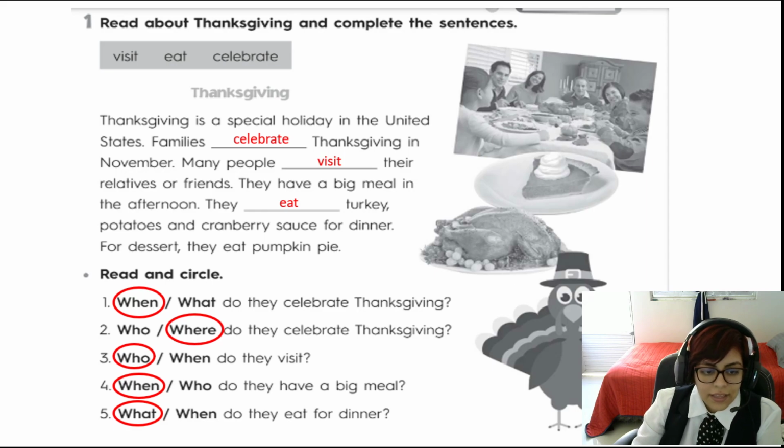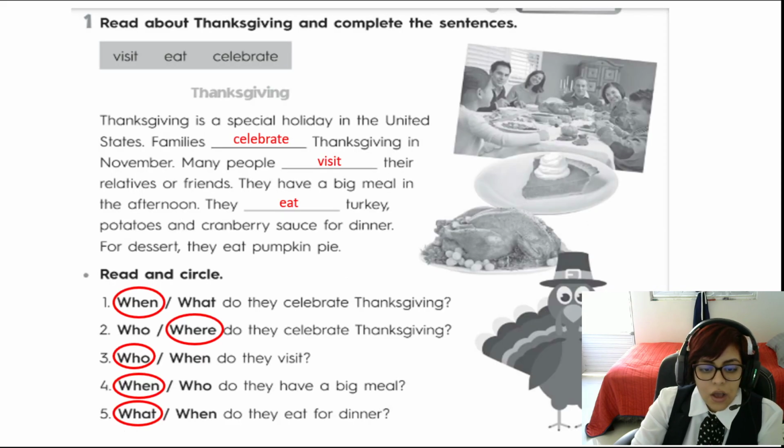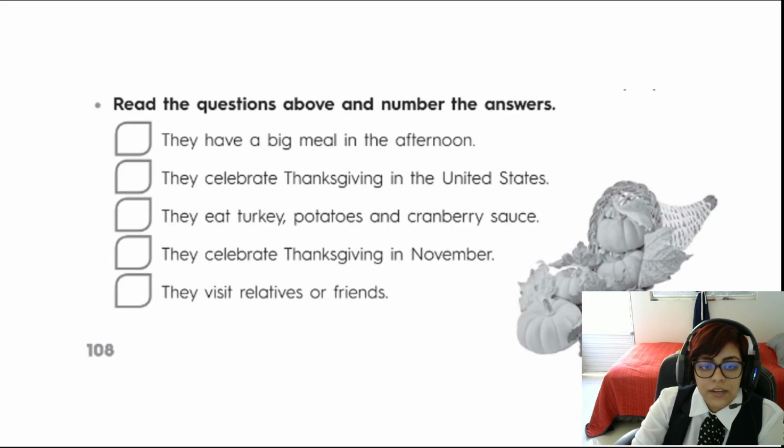Okay. The number 4. When do they have a big meal? They have a big meal in the afternoon. Very good. This is the number 4. And the number 5 is, what do they eat for dinner?